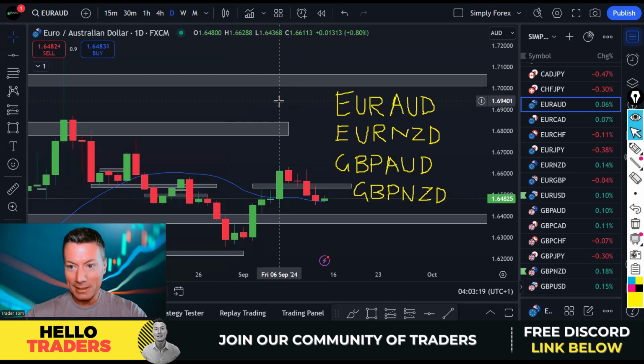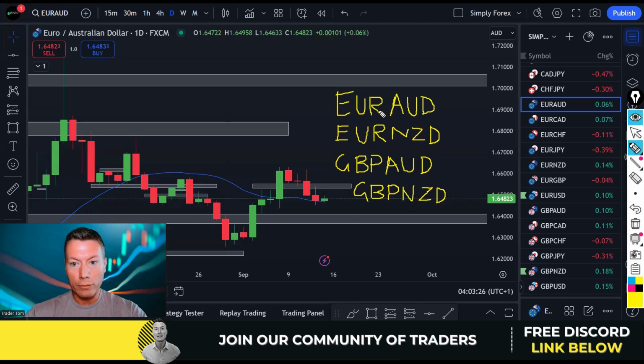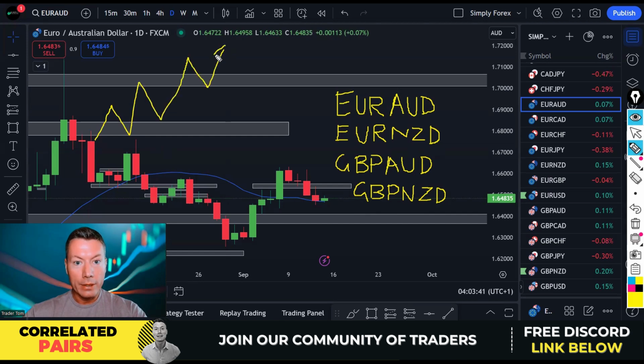So let's get started. Now, if we look at all of these currency pairs that I've put up on my screen, Euro Aussie dollar, Euro New Zealand dollar, Pound Aussie dollar, Pound New Zealand dollar. Generally speaking, these are all positively correlated, right? So if one is in an uptrend, the other will be in an uptrend.